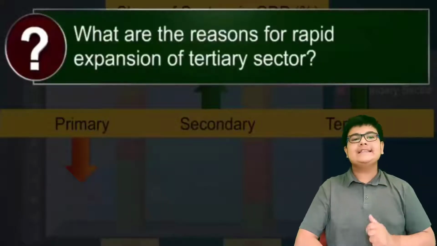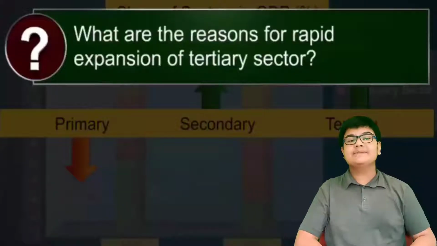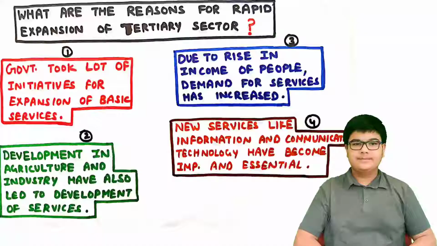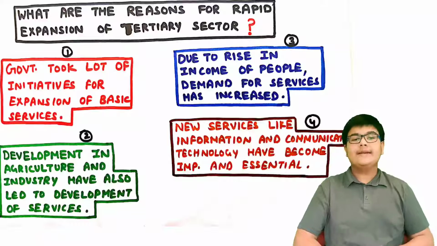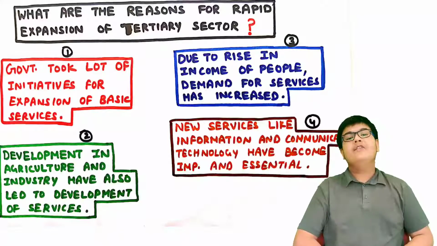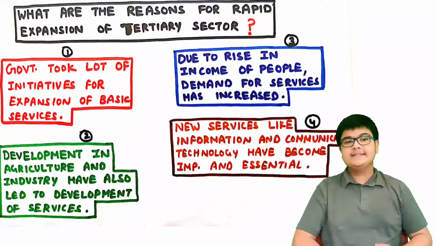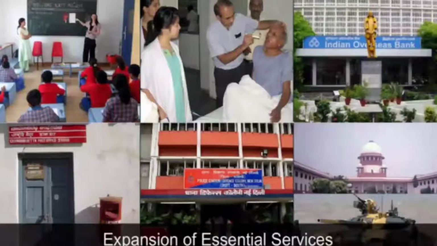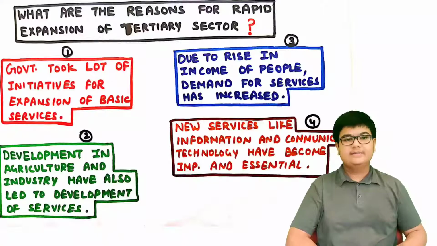Now let us see the reasons for this rapid expansion in the tertiary sector. First, the government took a lot of initiatives for the expansion of basic services such as hospitals, schools, banks, postal services, police stations, administrative offices and army, and all these things come under the tertiary sector.